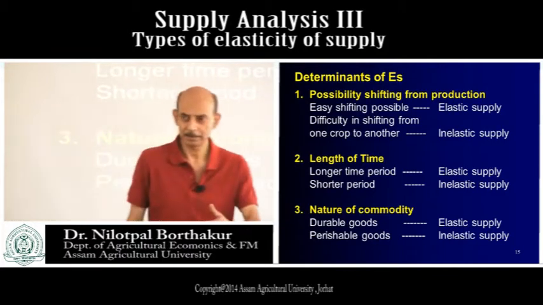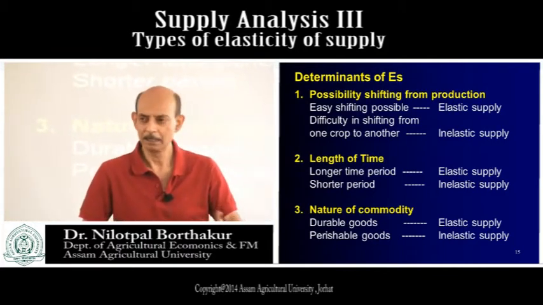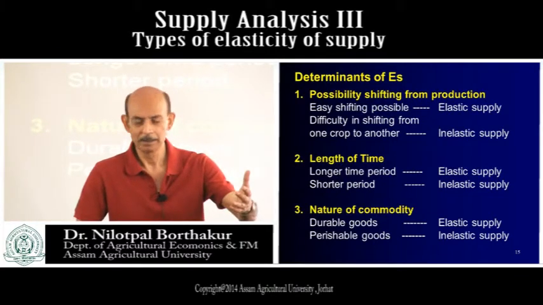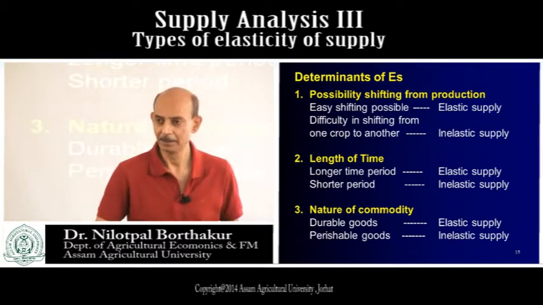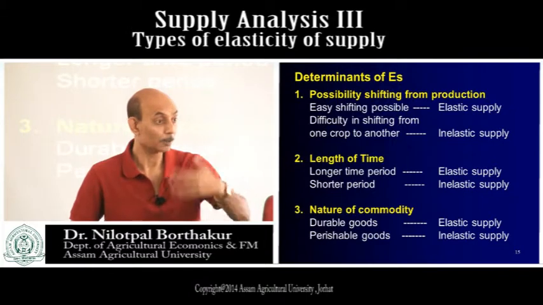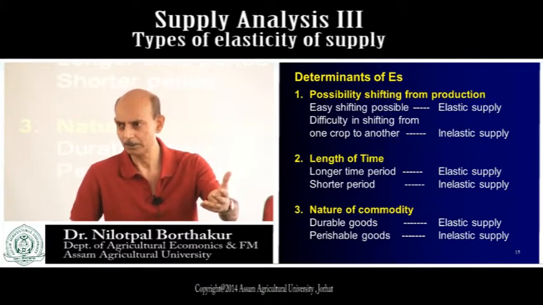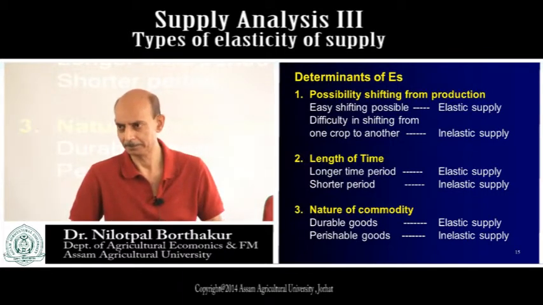Then another factor is the length of time. If for production of a particular commodity more time is required, the elasticity of supply will be elastic, because in a long period of time, supply can be adjusted. More products can be produced, more services can also be offered.